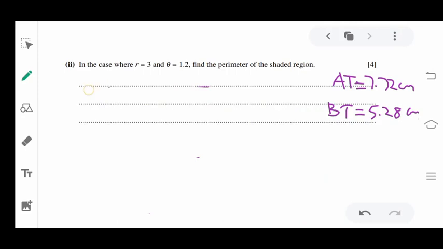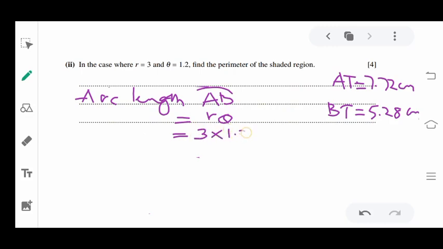So the arc length AB is r theta, which is equal to 3 times 1.2, which is equal to 3.6 centimeter.